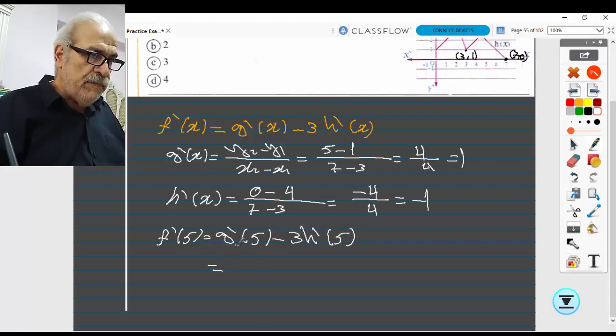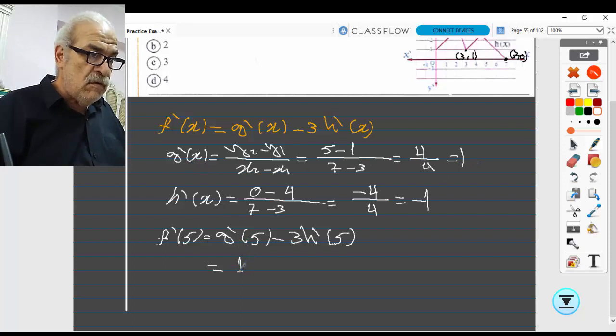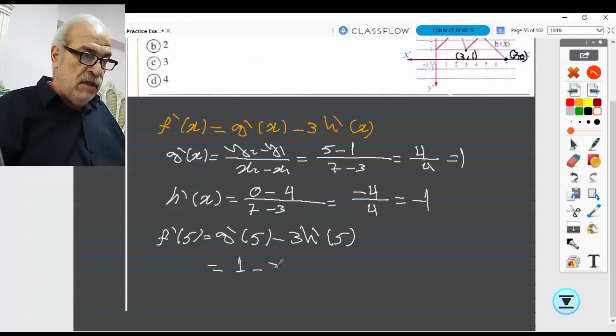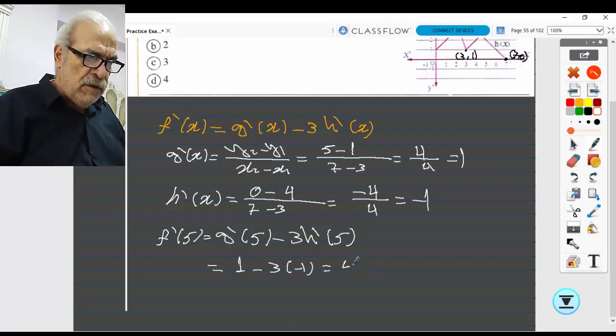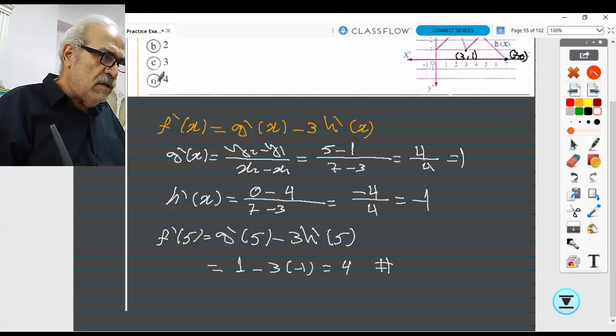Here g dash of x is a constant, always equal to 1, minus 3 multiply h dash of 5, also negative 1, and the result equals 4. Negative 3 multiply negative 1 is 3, plus 1 equals 4. And we choose letter D.